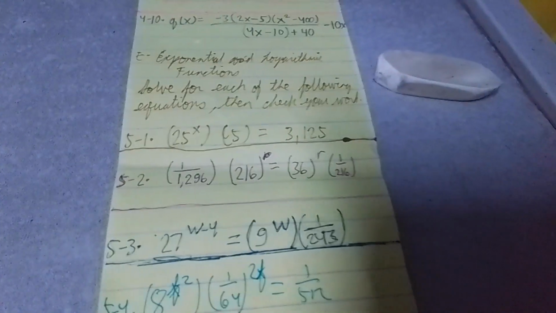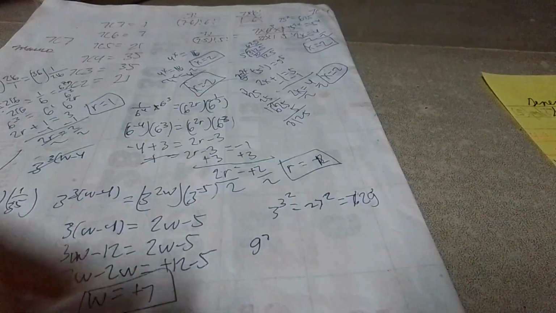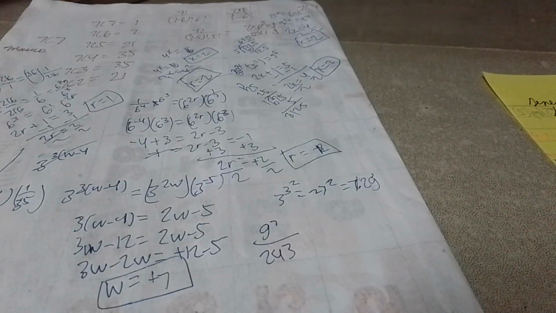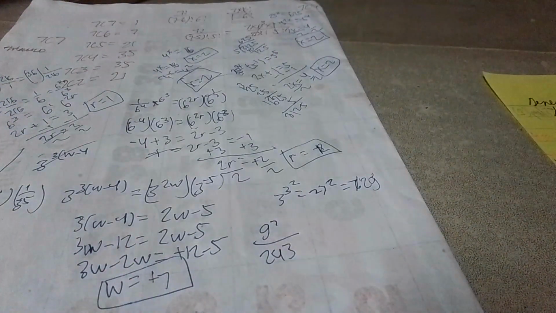Remember that answer, okay? Next, on the right side, 9 raised to the 7th power over 243. Take note, remember, 9 raised to the 7th power is like this. Ganito siya. 9 raised to the 7th power over 243. Because that's being multiplied by 1 over 243. Tama?